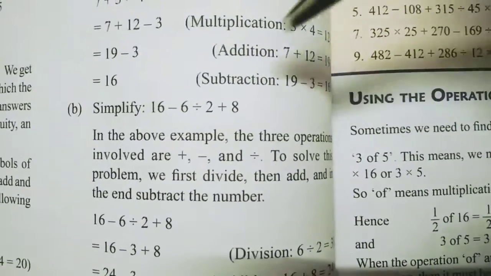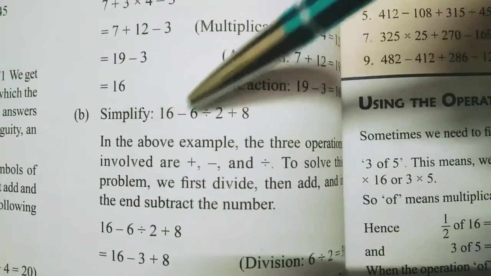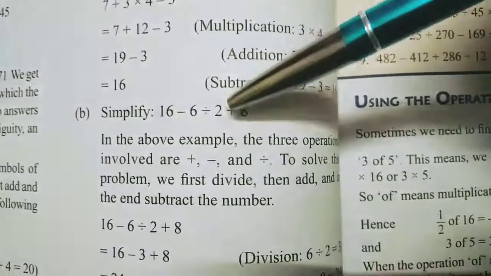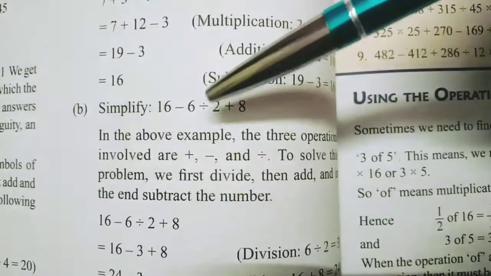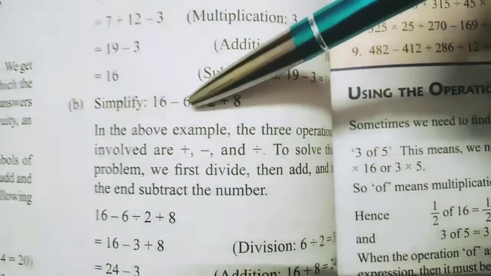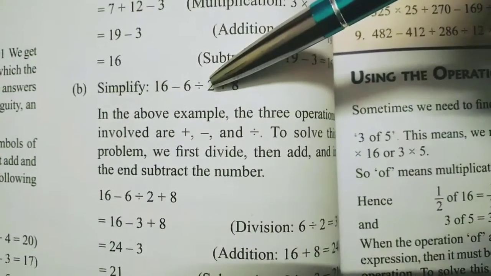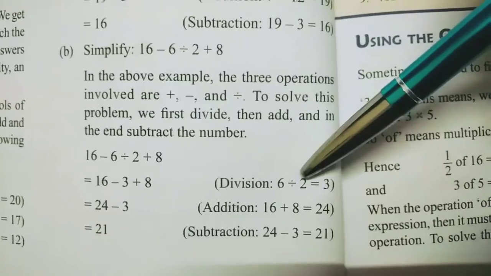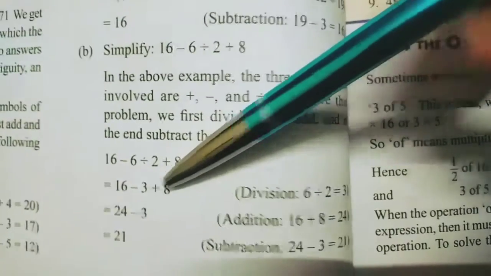Okay, and the second case, that means if there is a division sign, here minus, divide and plus. What do you perform first of all? You will perform the division here. 6 divided by 2, what is it? It is 3. So you will write here 3 first of all.